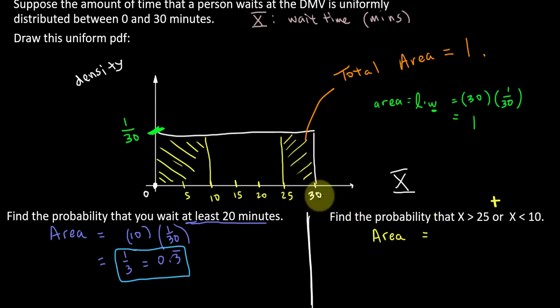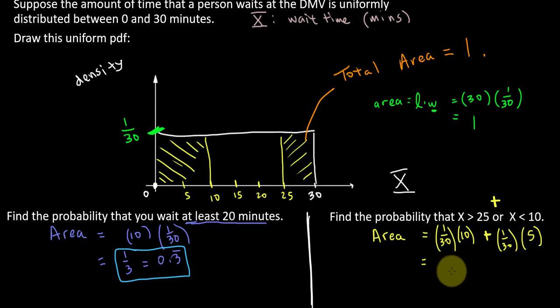We'll add them up. We know that they both have height 1/30. And we'll do the one on the left first. Well, the height is 1/30, but the length is 10. And we'll add. The other one also has height 1/30, but its length is only 5.